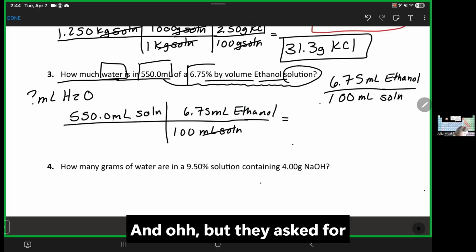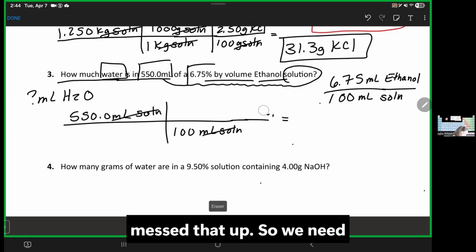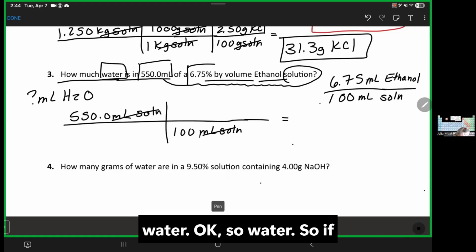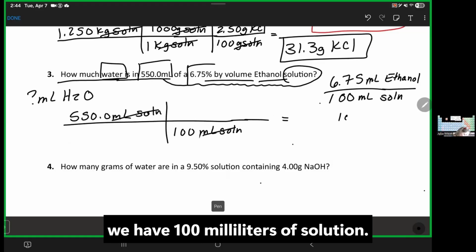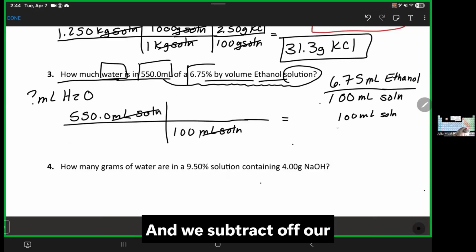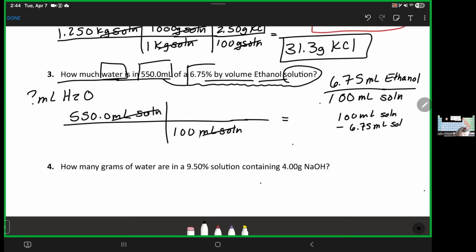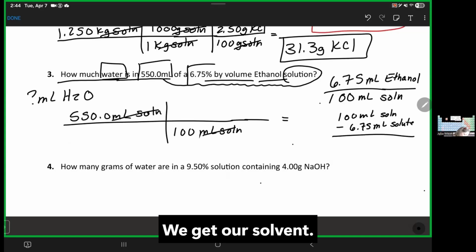And, oh, but they asked for water, didn't they? Okay, so I messed that up. So we need water. Okay, so if we have 100 milliliters of solution and we subtract off our solute, we get our solvent.